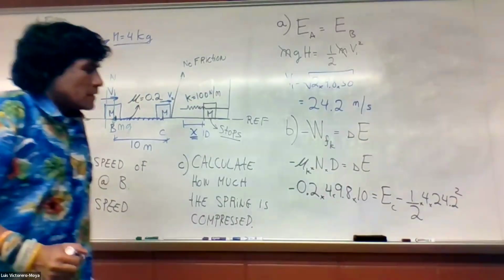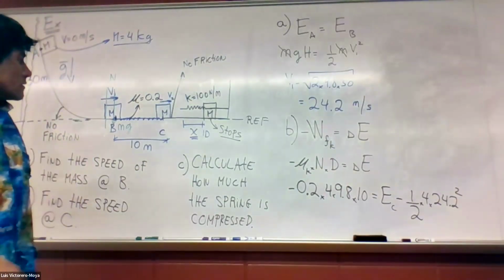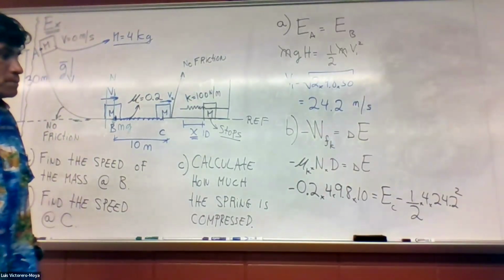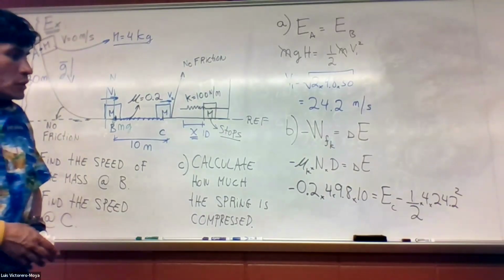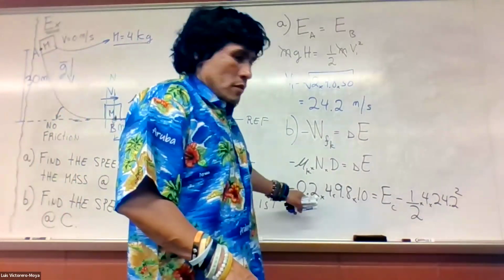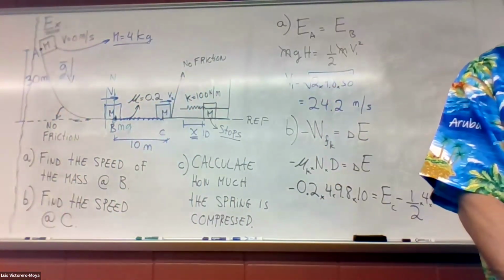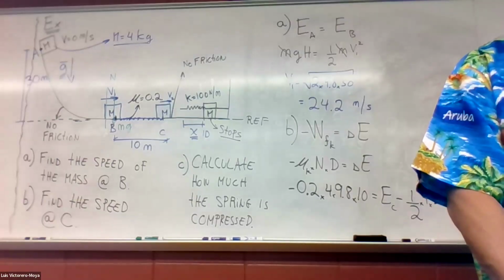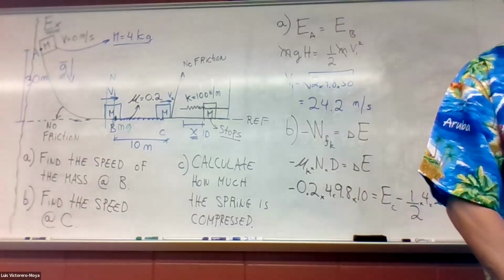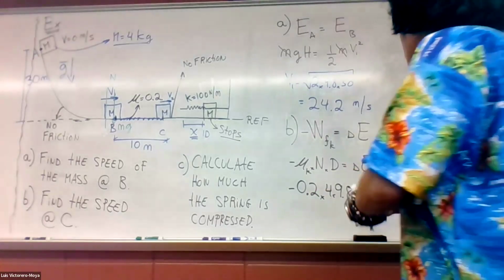There you are. Right? So, let's see. 0.2 times 4 times 9.8 times 10. That's negative 78.4.